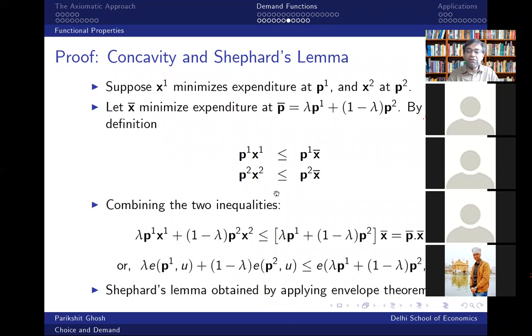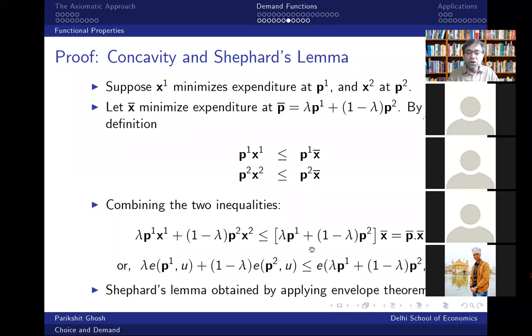And so we can write this inequality. And now it's very simple. We just multiply both sides of the first inequality by lambda, both sides here by 1 minus lambda. So that gives you this inequality, right? It's a valid inequality, follows from the first two.